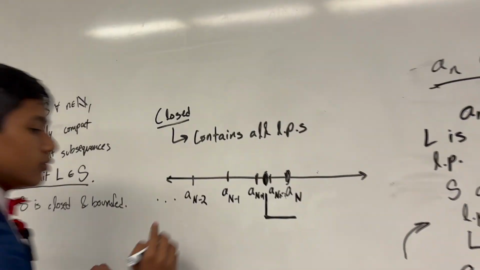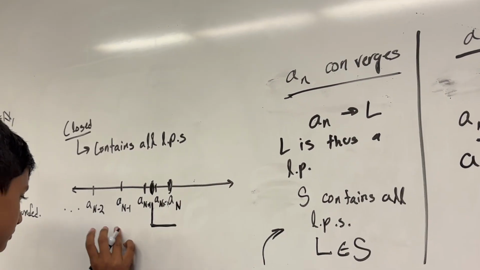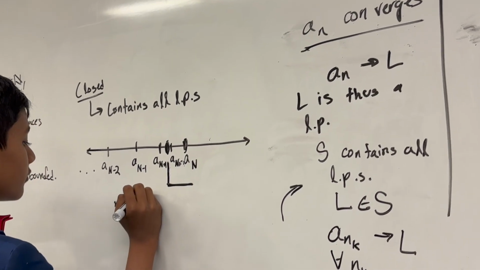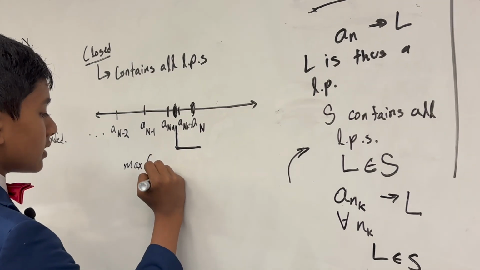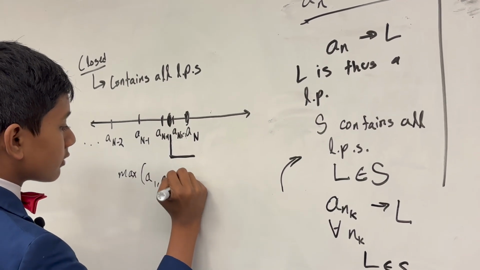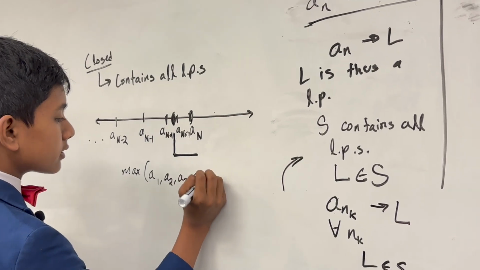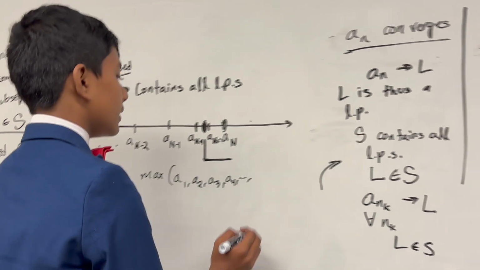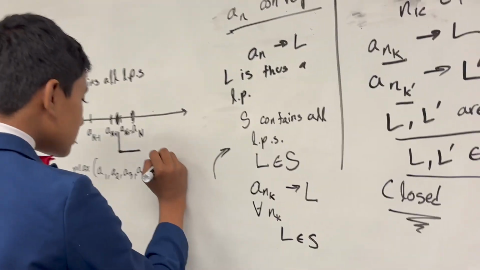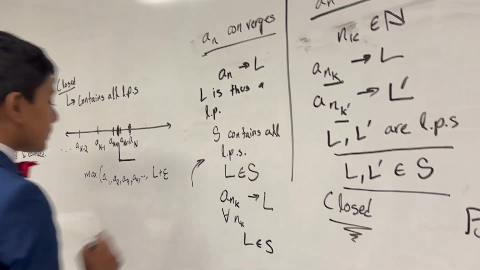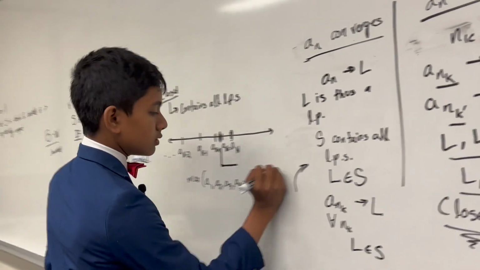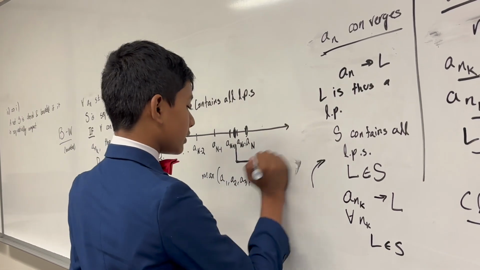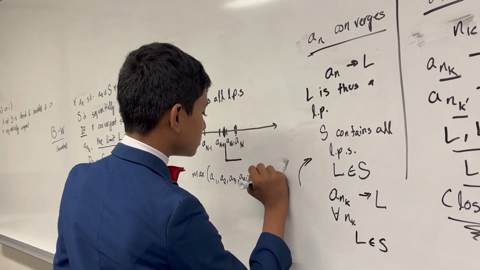We can take the maximum of A sub 1, A sub 2, A sub 3, A sub 4, and so on. And then all we can do is take L plus epsilon. The maximum of this whole thing, and if you really wanted to, you could also tack on a sub n.